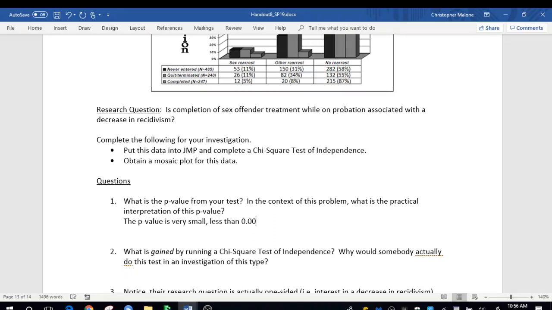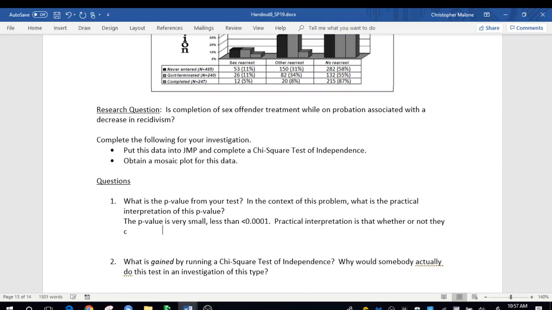The practical interpretation is that whether or not they complete the sexual treatment program has an impact on the type of rearrest, or not being rearrested.